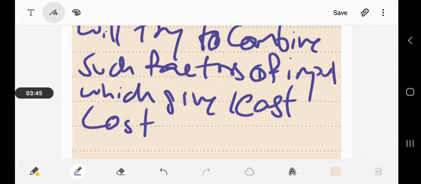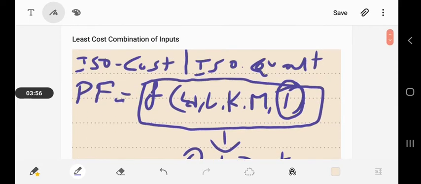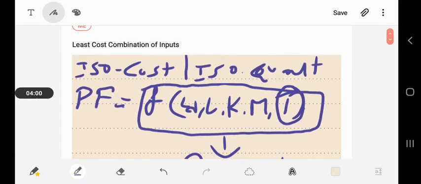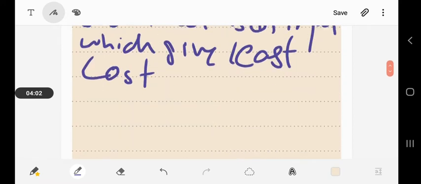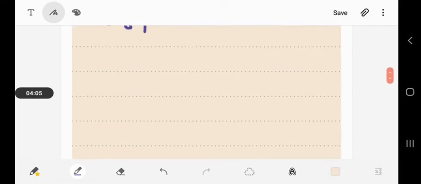To explain how he or she can determine the least cost combination for a given output, we need the prices of factors of production.